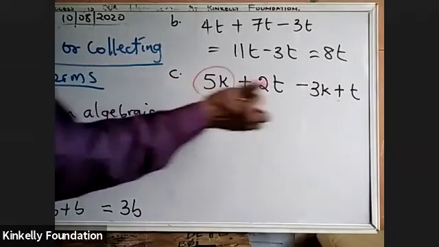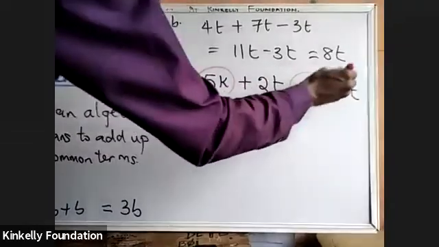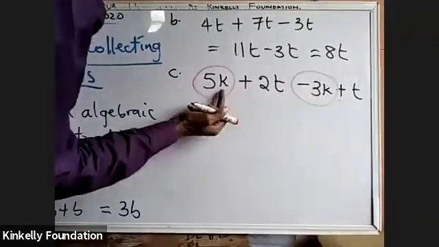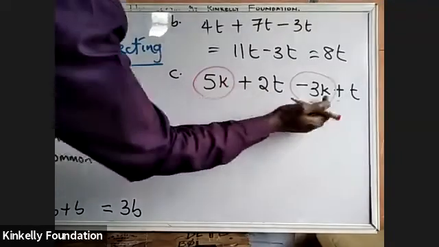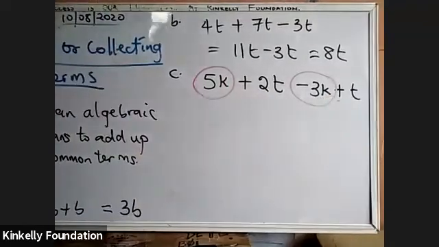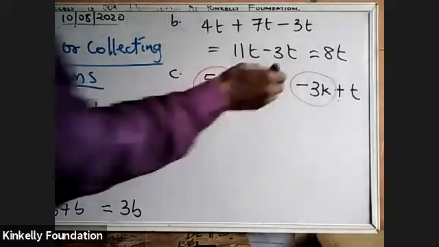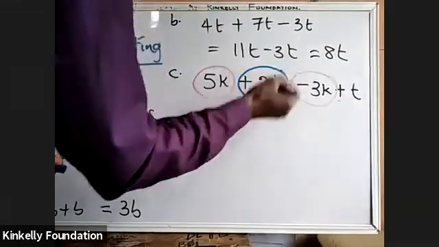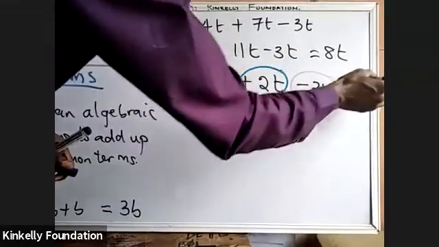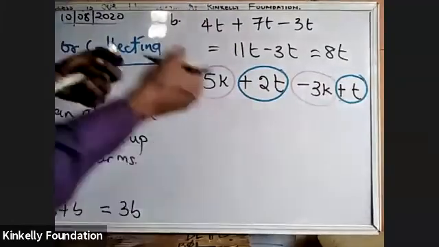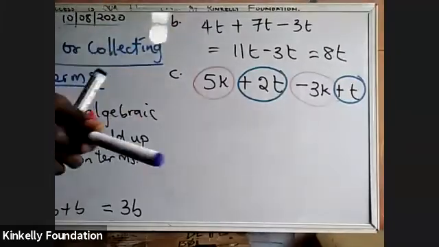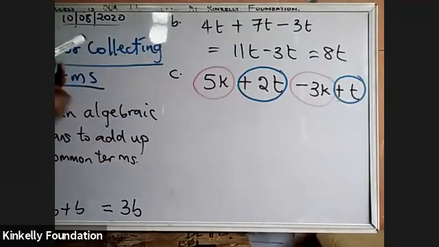The like term of this one is this. Both of them have the same terms in k. This is a term in k. This one is a term in k. Now, also, this one has a term in t, and this has a term in t. What you do is make them come together.